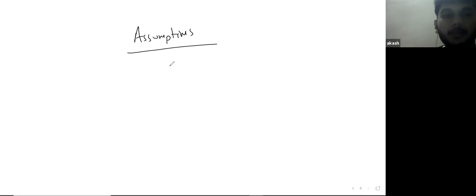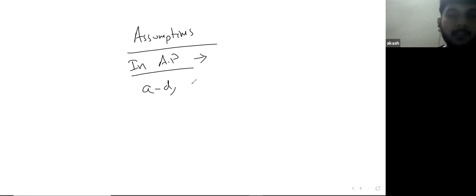See, if in a question they ask you that the sum of first 4 terms in an AP is this, or the multiplication of first 4 terms in an AP is this, then in an arithmetic progression you need to assume the numbers as A minus D, A plus D, right? If there are 3 terms, assume like this.